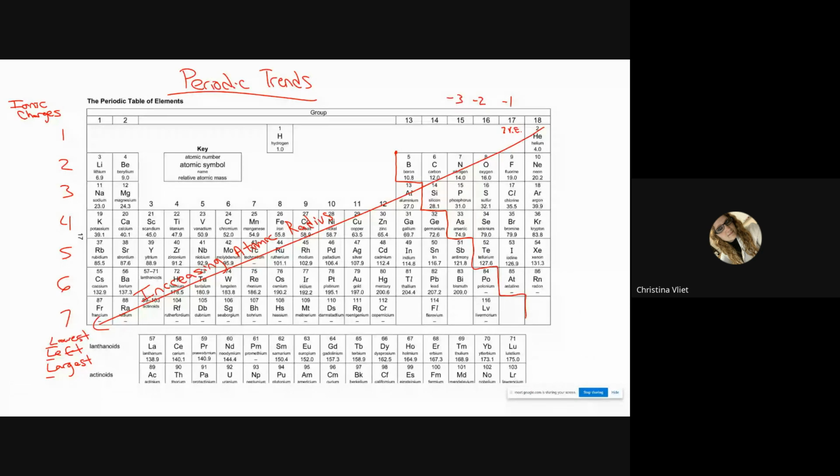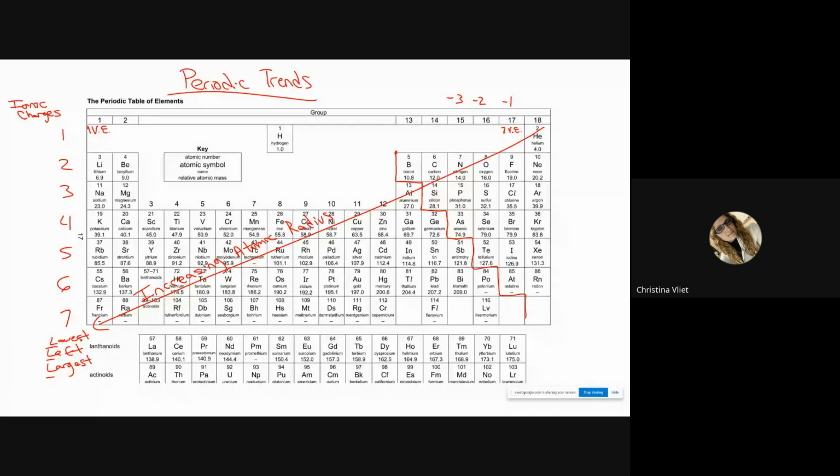We're going to skip 14, and now we're going to go all the way back over here to group 1. What about group 1? Are those metals or non-metals? Metals. And would it make more sense? They have 1 valence electron, right? Would it make more sense for them to gain 7 to become like their nearest noble gas, or to lose the 1 they have, to drop the 1 to go back to the last noble gas?